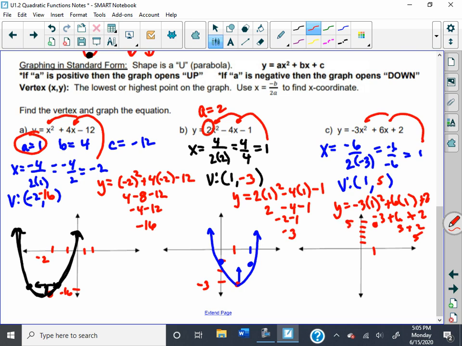It's right there. Now, our A value is negative 3. The graph is going to point down because A is negative. So we're going to count down 3 and then left and right 1. So 1, 2, 3, left 1; 1, 2, 3, right 1, and then connect them.